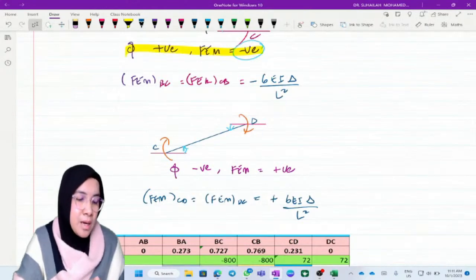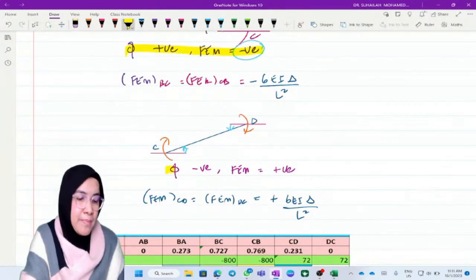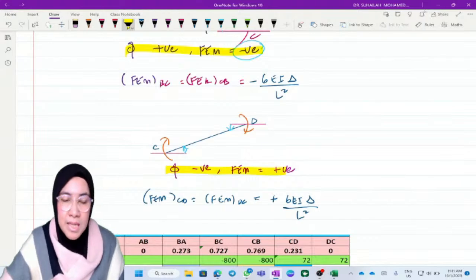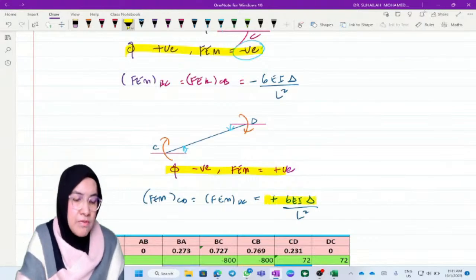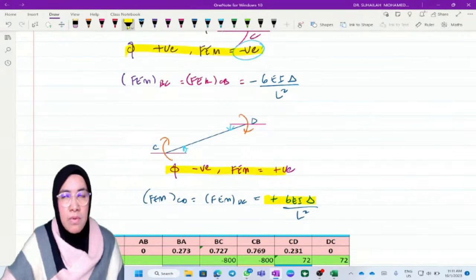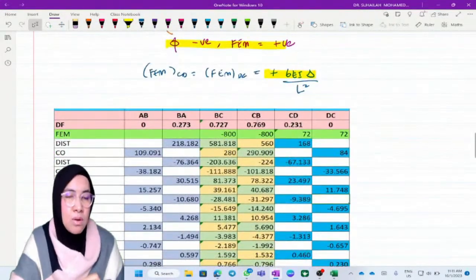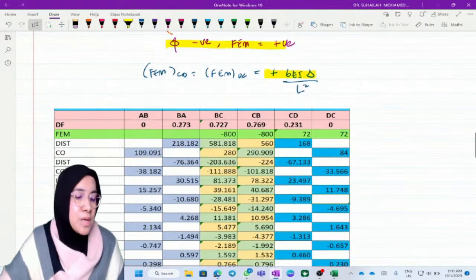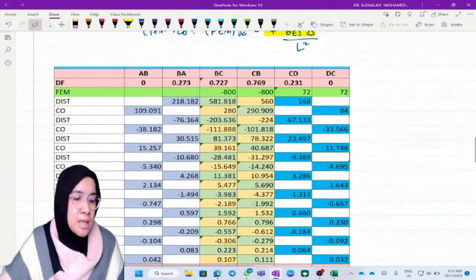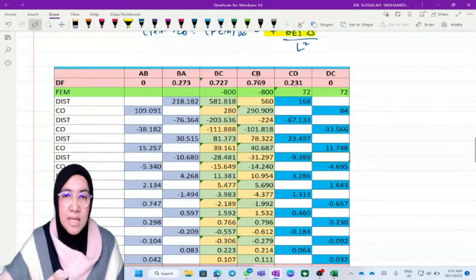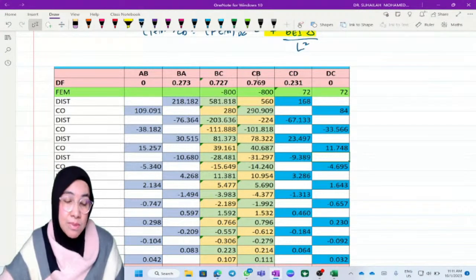We should get positive FEM, because the angle is negative, so we put positive in the formula. We calculate based on this formula, and then we get the new FEM. BC and CB have the same sign, CD and DC have the same sign.